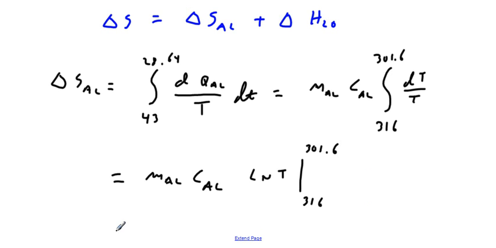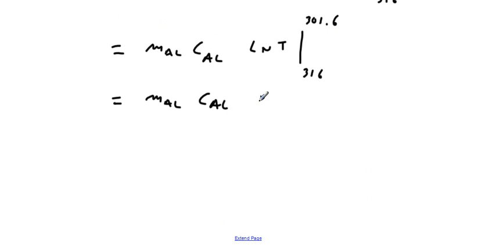So mass of the aluminum, specific heat of the aluminum, natural log of 301.6 divided by 316.